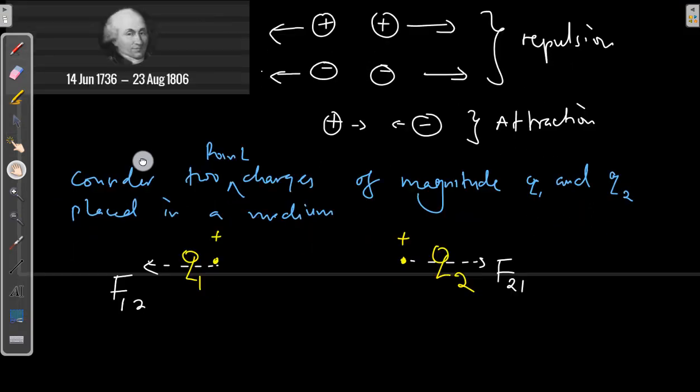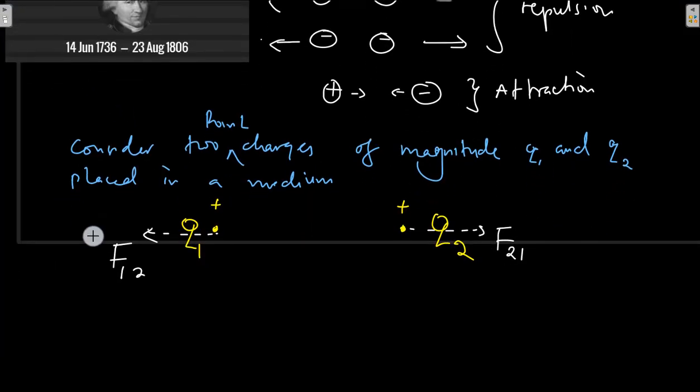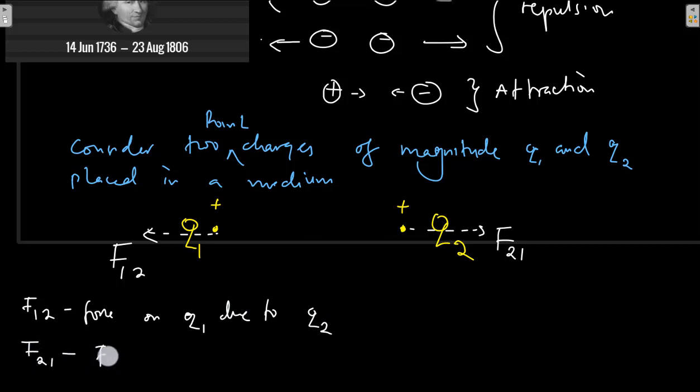I'll write that in a moment so that we keep using this notation. This is the force on Q1 due to Q2, while F21 is the force on Q2 due to Q1.